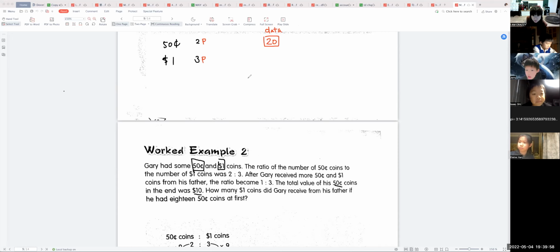Right now the total value of 50 cents is 10. So right now I know this one is 1, 2, 3, right? Received more 50 cents and $1, the ratio became 1 to 3. Everybody, I want you to make sure that the ratio is not the amount of money, but the number of the coins.